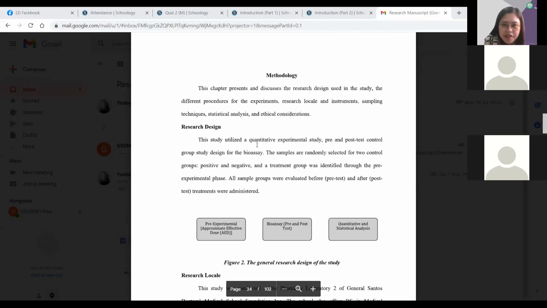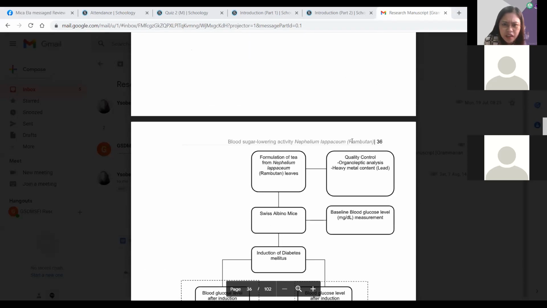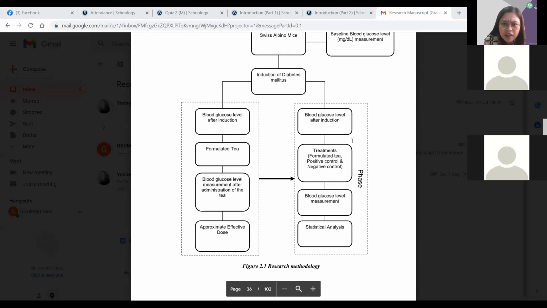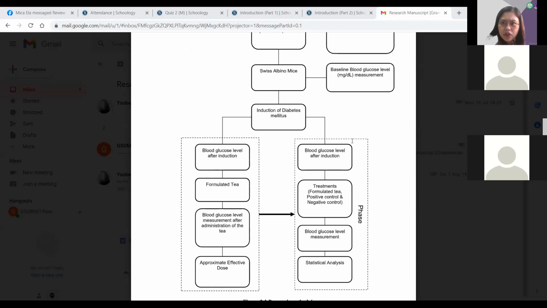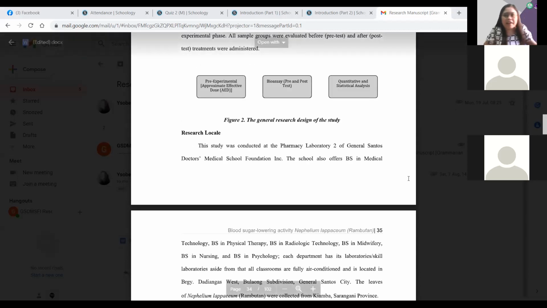This study utilized a quantitative experimental study, pre- and post-test control group study design for the bioassay. So, pre- and post-test. Bakit pre- and post-test? Kasi I think, ang ginawa nila dito, susulat ko na lang ang ginawa nila dito.